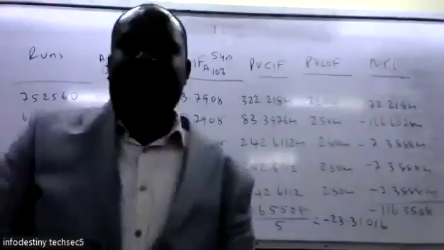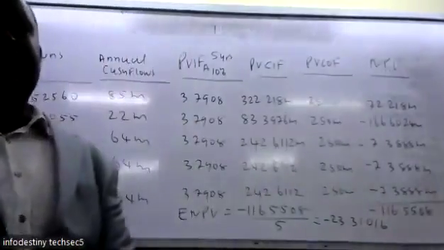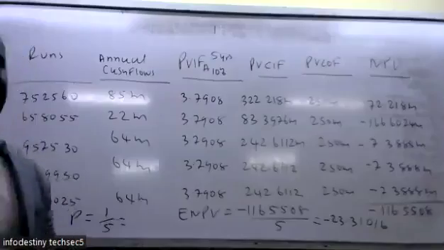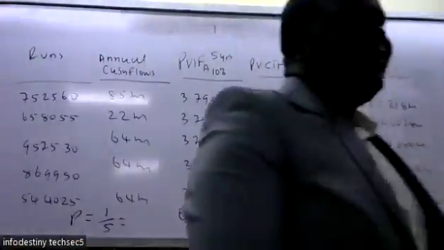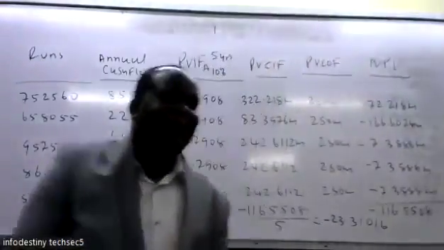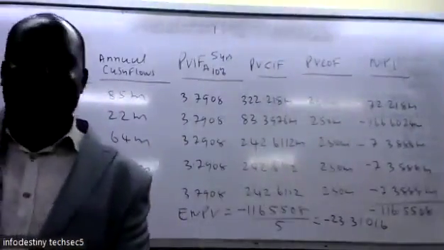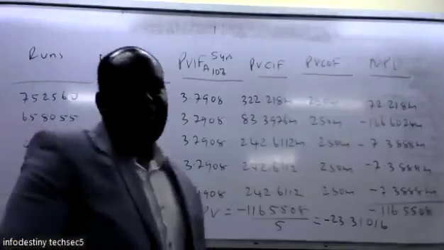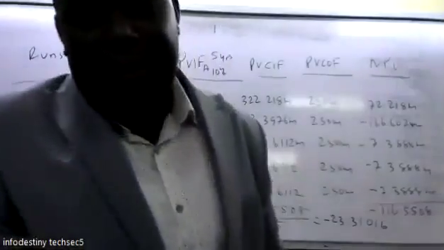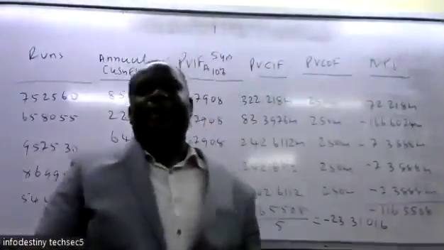So the probability for success is 1 over 5, which is 0.2. That means failure will be 0.8, because the two must add up to 1. So probability of success is 0.2, but probability of failure is 0.8.